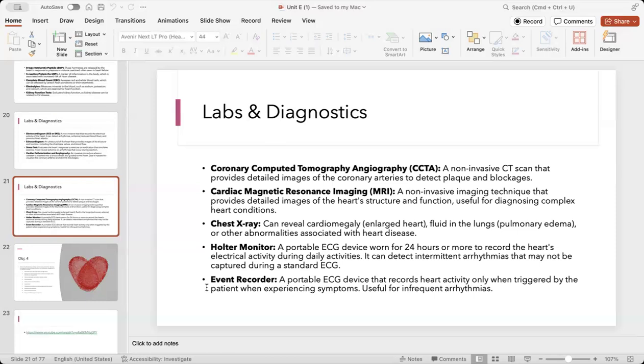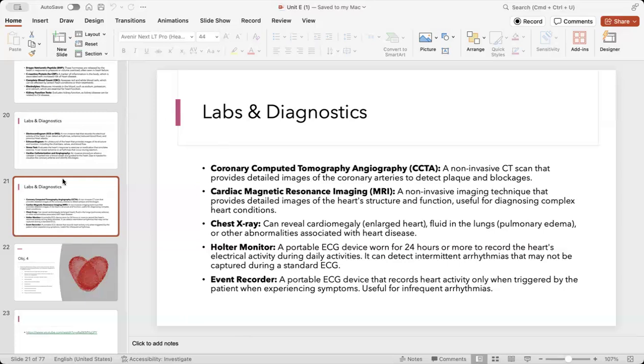For patients who they're concerned about, like if they have an arrhythmia they're living with, they might put them on what they call a Holter monitor, and that would tell them if they're living with an arrhythmia that only happens every so often. They have to wear this for about 24 hours. Same kind of thing with an event recorder. It would record if there was an adverse arrhythmia or something.